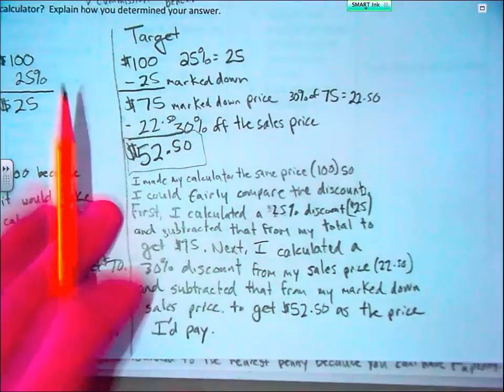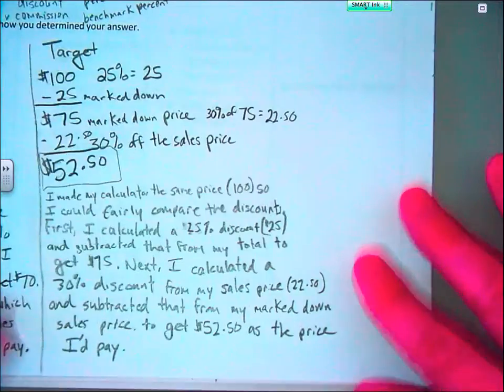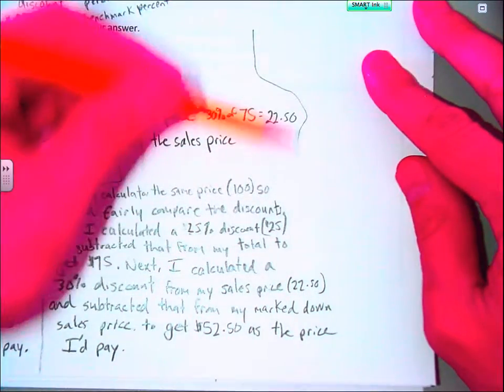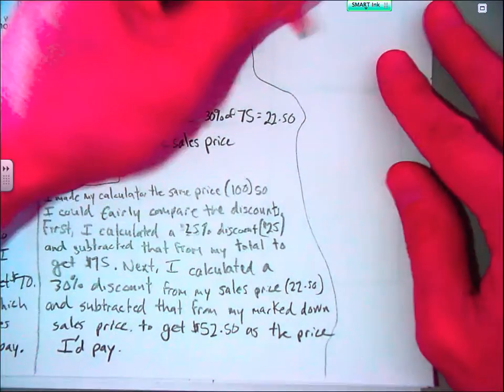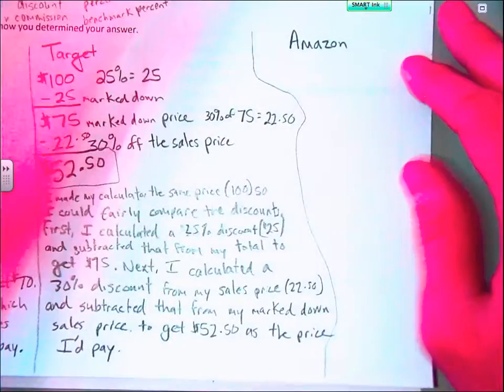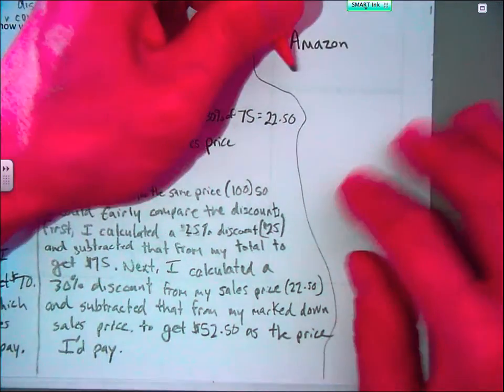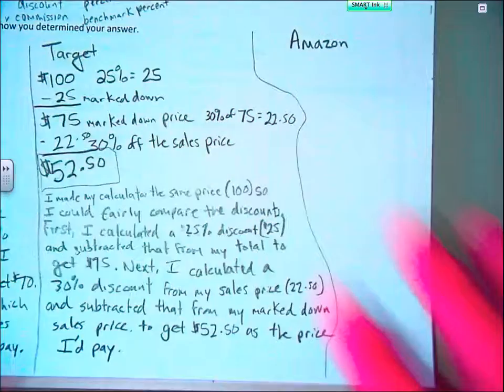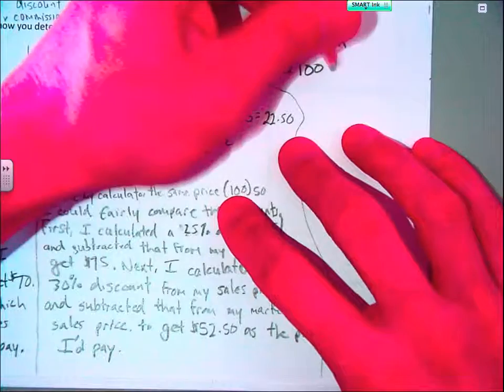All right. Fun. Last, but not quite least, is Amazon. Amazon is marked down 50%, hot diggity dog. And that's all that it is. So I would say $100 is my original price.